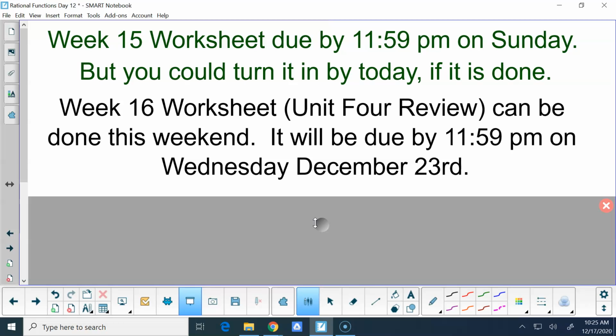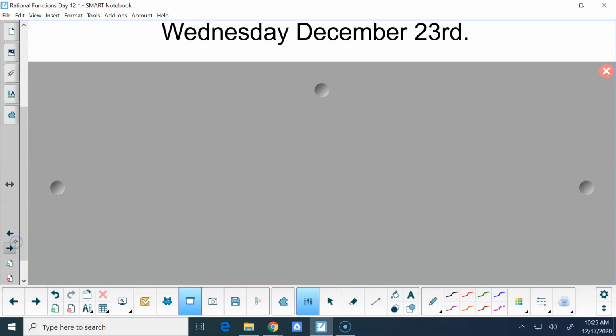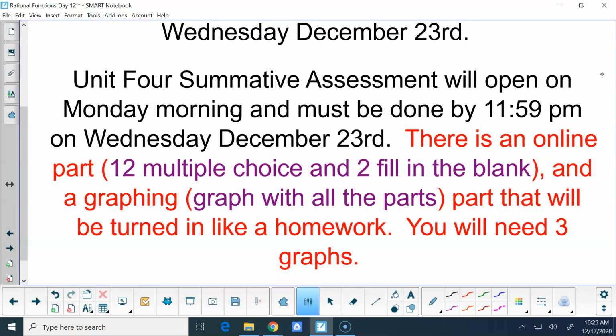Okay? Because of this next part. This next part says, our summative assessment will open up Monday morning at 8 a.m. So if you're ready to go with the summative on Monday, you can start taking the summative on Monday in class. You can do that.